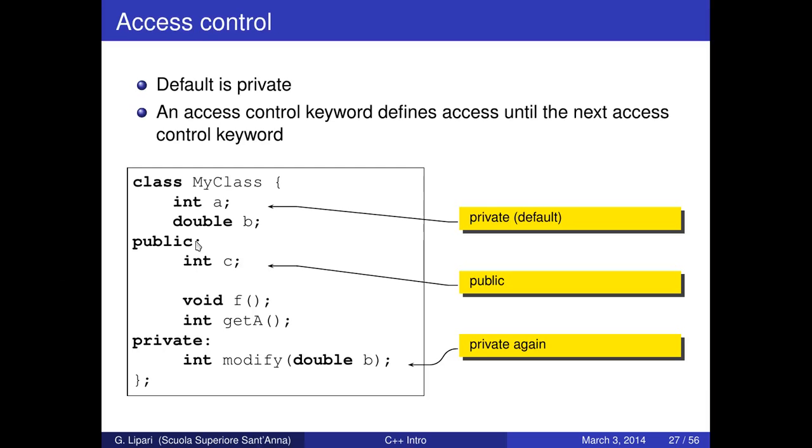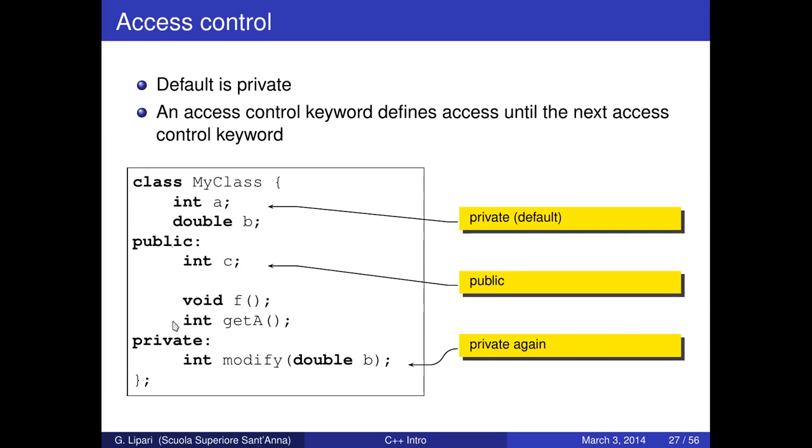If you want to make it public, you have to specify public: and then from now on, all declarations are public. So int C, F, get A are all public members, so they can be accessed by everybody. And if you want to declare more private data later on, you have to specify private again.